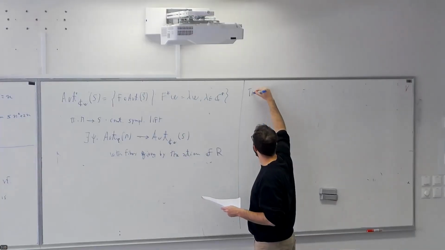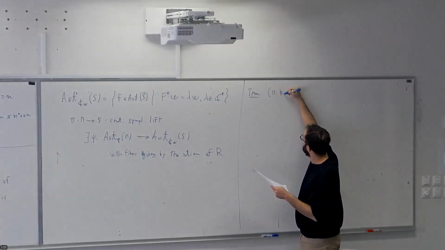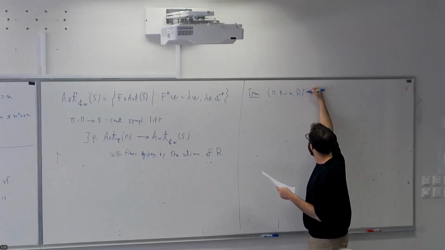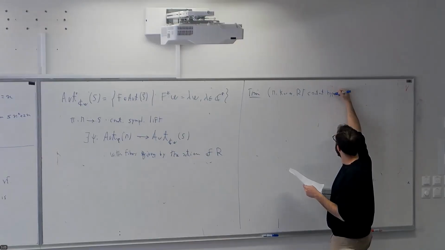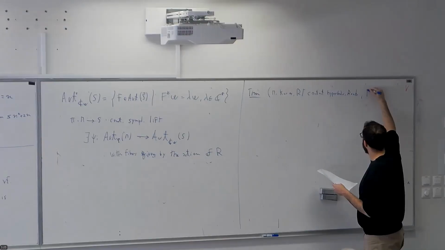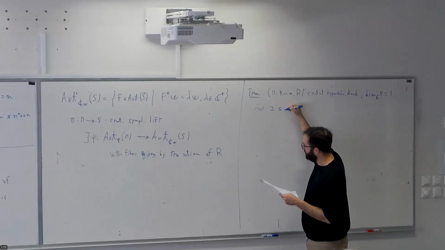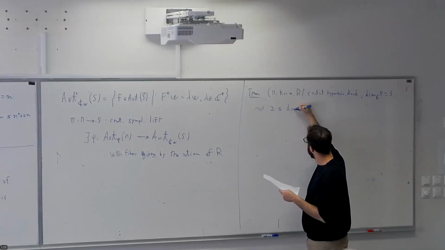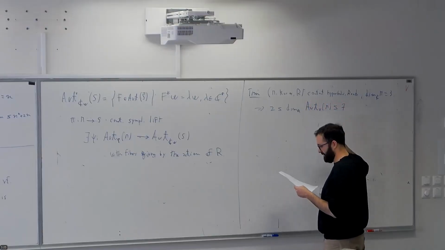And the theorem finally that is really this classification is: if you start with (M, alpha, R) a contact hyperbolic Reeb of dimension 3, then the dimension, as we knew, is at least 2 and at most 7.